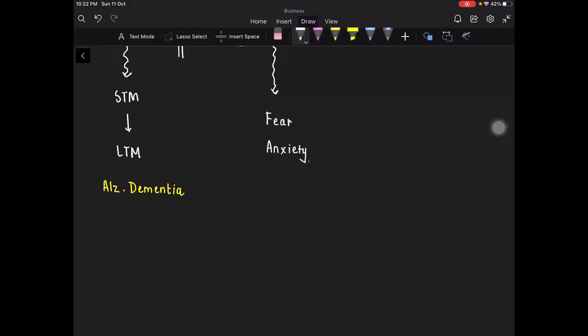Anxiety. So the way the memories function is, you have something in your working memory, then it gets converted into your long-term memory. And when you get certain cues, classically, a lot of PTSD patients, when they hear a loud noise, they get triggered.